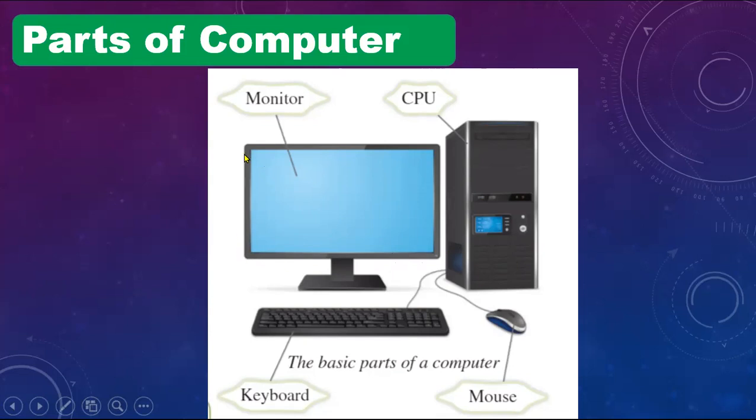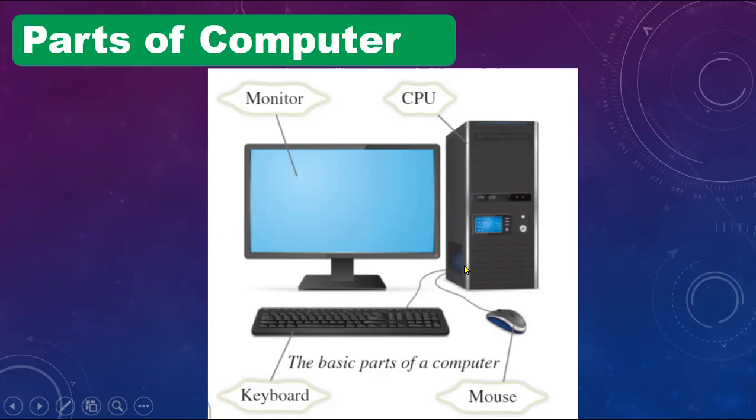This we call a monitor. The second basic part of a computer is the CPU, the central processing unit. We call it CPU.